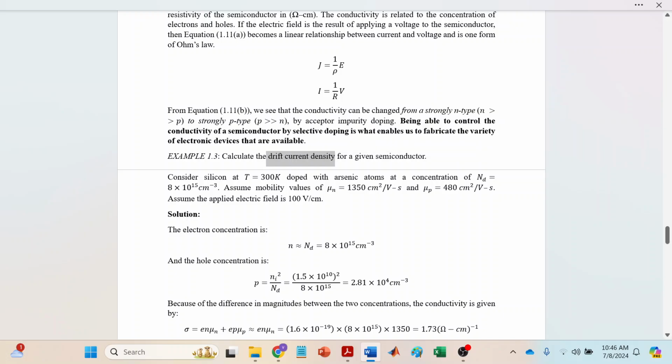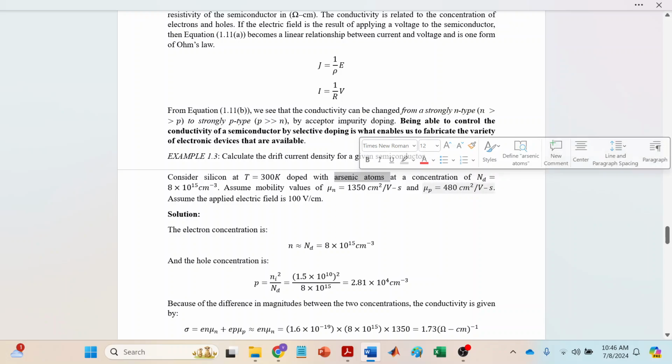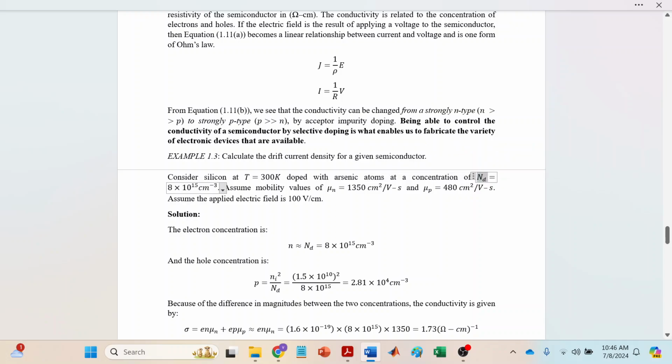We have a silicon atom at this temperature doped with arsenic atoms. Arsenic is a group 5 impurity, so you dope with this number of donor atoms. We have this amount of arsenic within the silicon lattice.